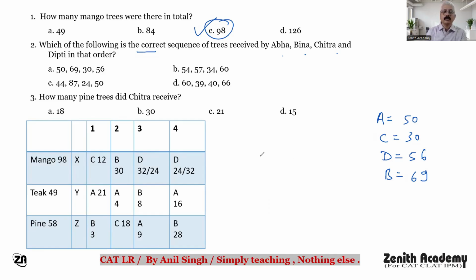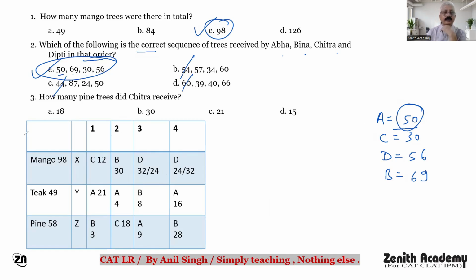Okay. So Abha is 50, and it is given in that order. This gets ruled out by this very point. Answer is A: 50, 69, 30, and 56. So this is question number 1.